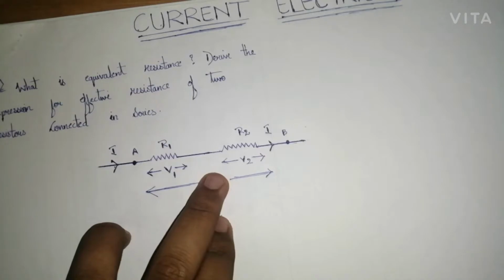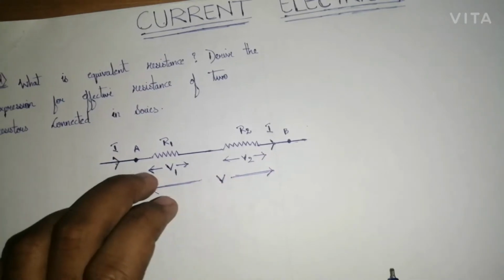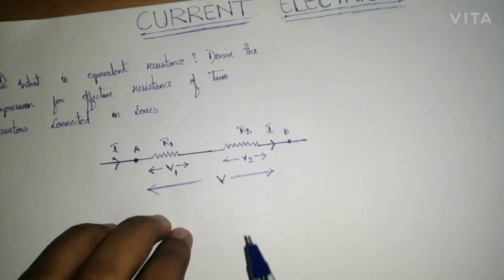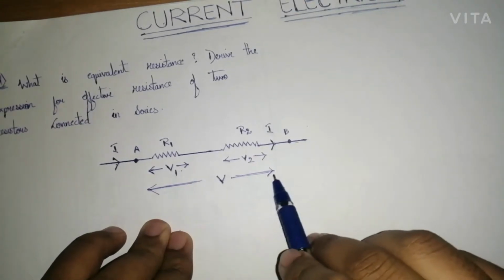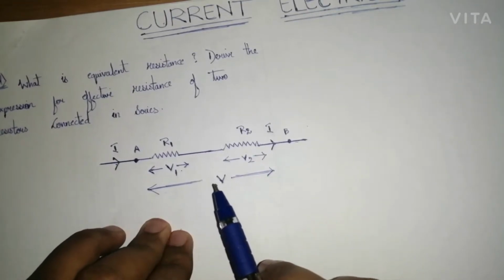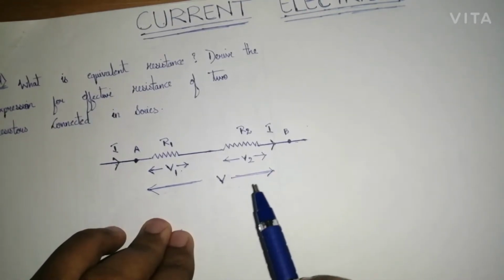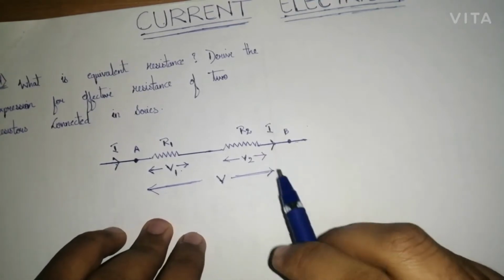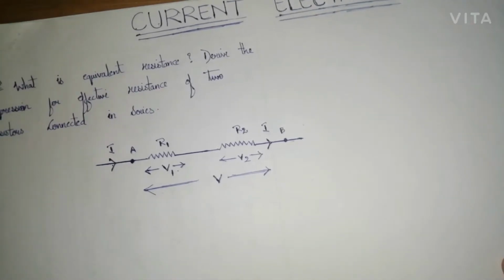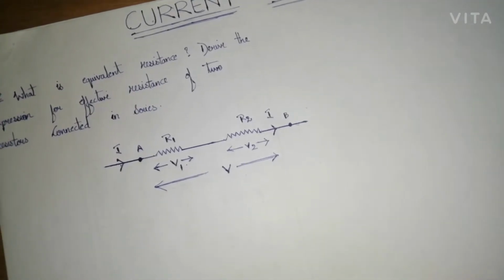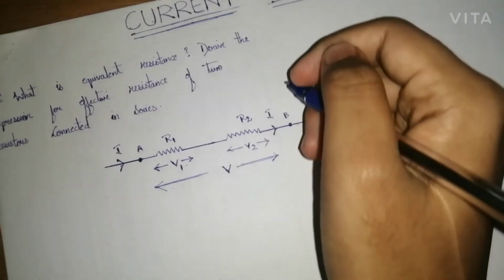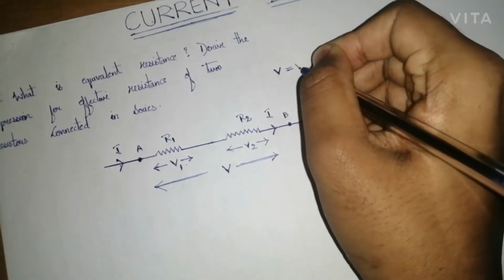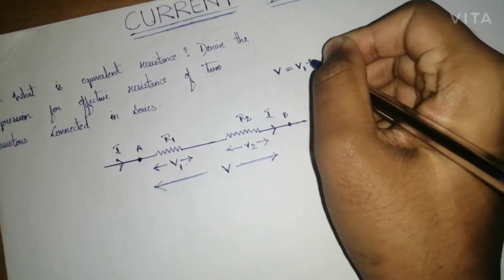The potential difference across the combination is equal to the sum of the potential differences across them. That is, you can call it V is equal to V1 plus V2.